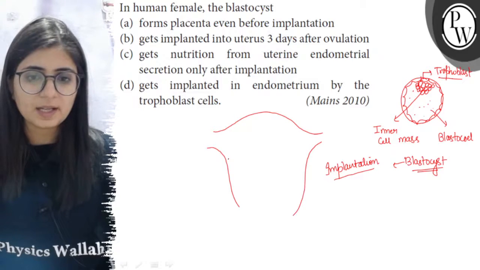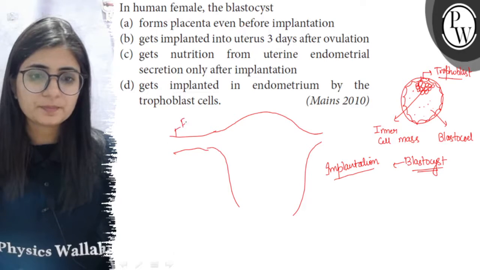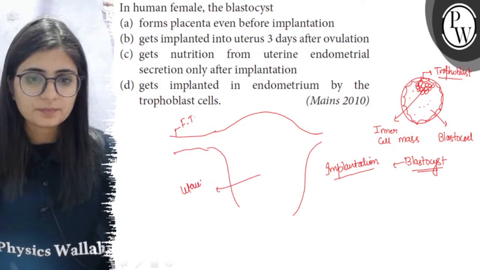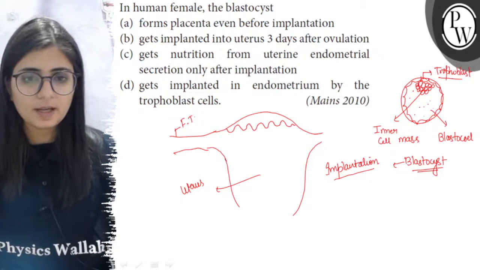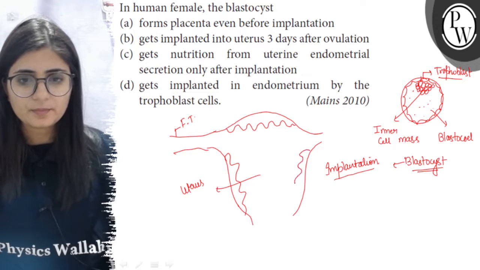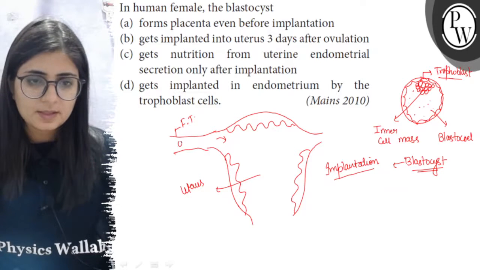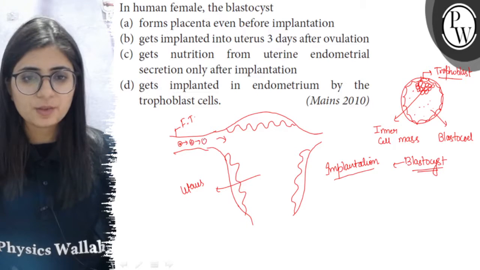or we can say not after ovulation but after fertilization. So this is the fallopian tube, and this structure is uterus. Now this is the innermost lining of uterus which is called the endometrium. When the zygote is formed, it starts division forming the blastomeres.